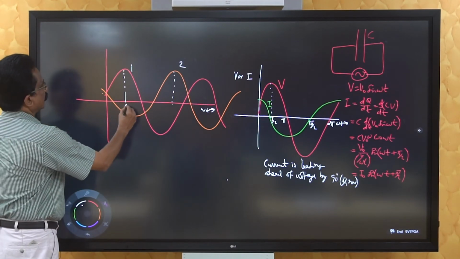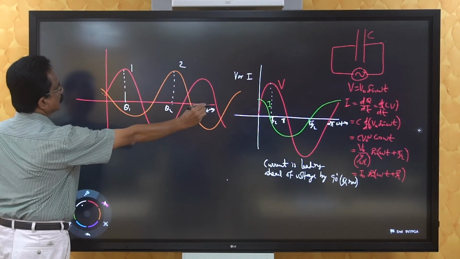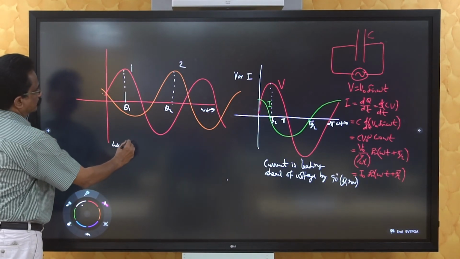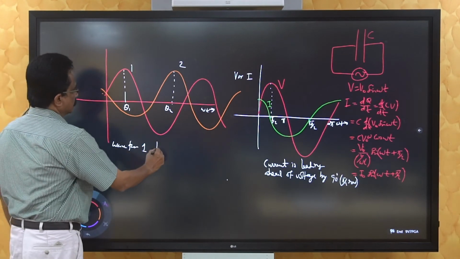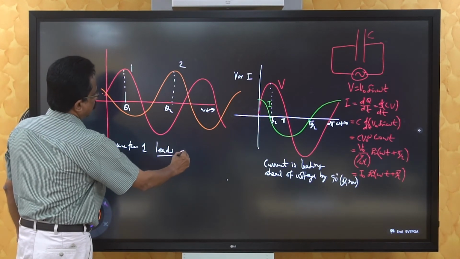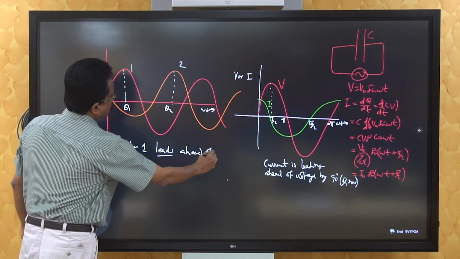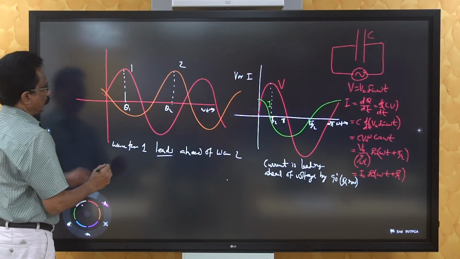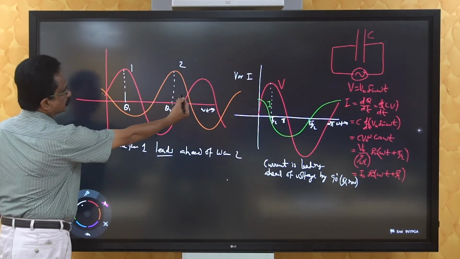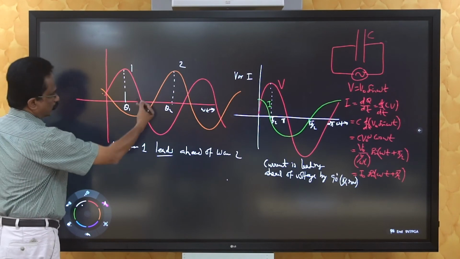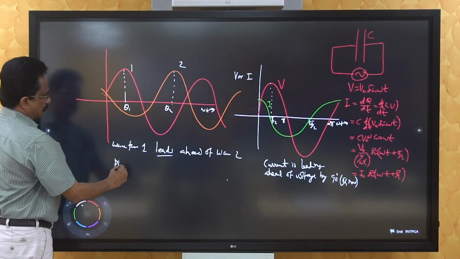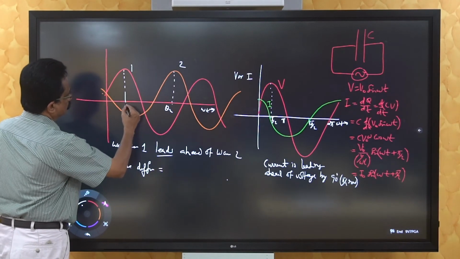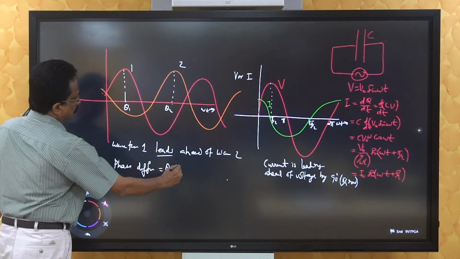This angle is theta 1, this is theta 2. First point, waveform 1 leads ahead of waveform 2. So waveform 1 is leading, or equivalently waveform 2 is lagging, and the phase difference is equal to this angle, theta 2 minus theta 1.